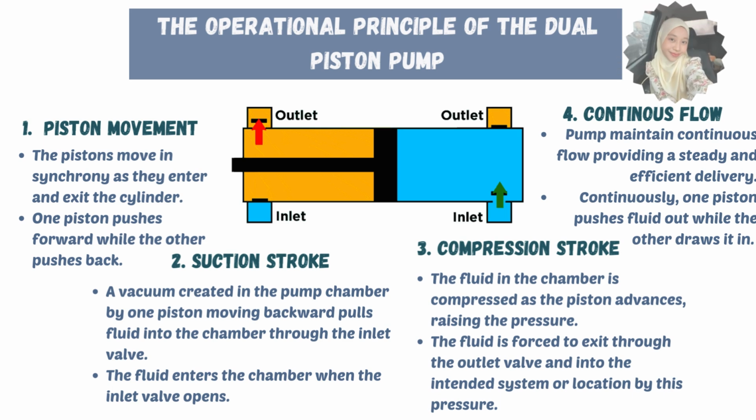And for the last step, which is continuous flow, the pump will maintain continuous flow, providing a steady and efficient delivery. And then it will be continuous, one piston pushes fluid out while the other draws it in.